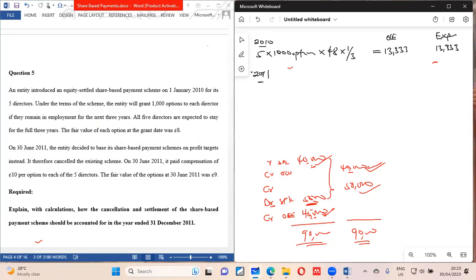So it means that we need to do step 1, accelerated vesting, which is 5 over 1,000 options multiplied by 8. So accelerated option means that the number that we think would have vested at the vesting date, since we will not get to the vesting date, we are assuming that it is vesting now.